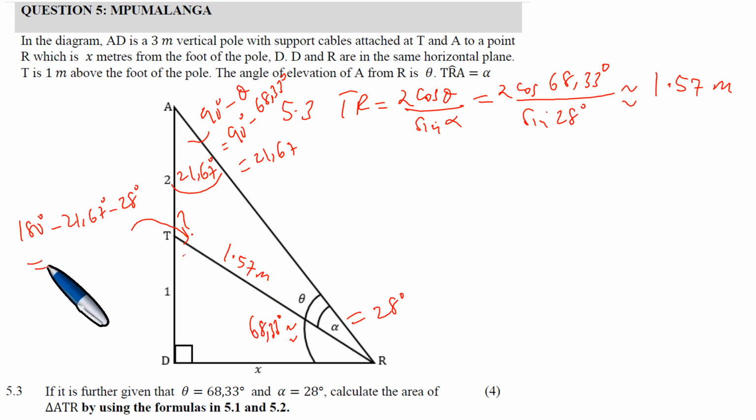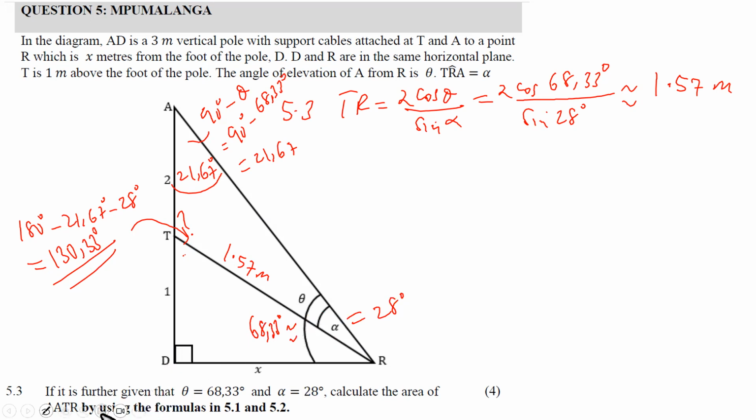It's the same thing. So we have 180 degrees, we subtract 21.67, we subtract 28. So this is actually 130.33 degrees. That is the angle there.